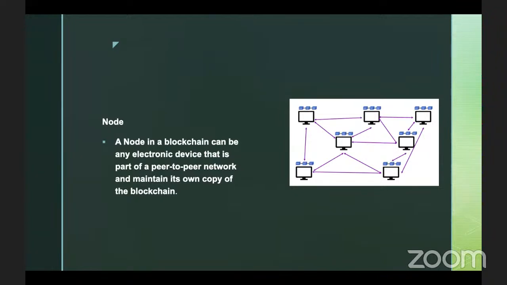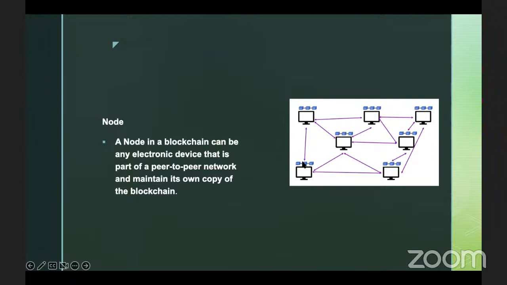That is one advantage. So let's see what nodes are. I've already told you, this is a peer-to-peer network. These are computers on a peer-to-peer network. So in the blockchain, our transactions are saved as a bunch of transactions in one block, and one block is connected to another block with the hash.